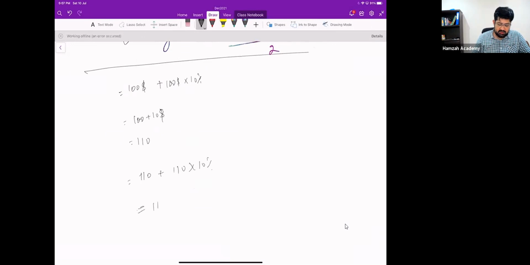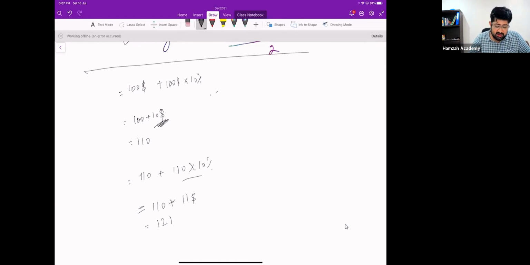In the next year you will get $11 interest, making 121. Compounding or discounting assumes that the interest you are getting, you will not withdraw it, rather you will reinvest it.